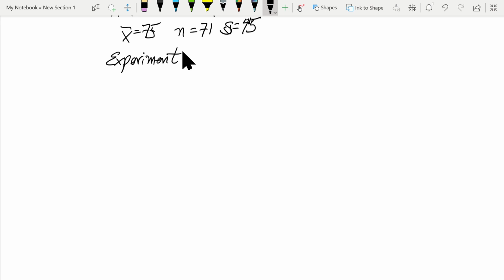For a hypothesis test, it is a controlled experiment. And what you're looking at is, does this treatment change something? And the typical example is corn yield.